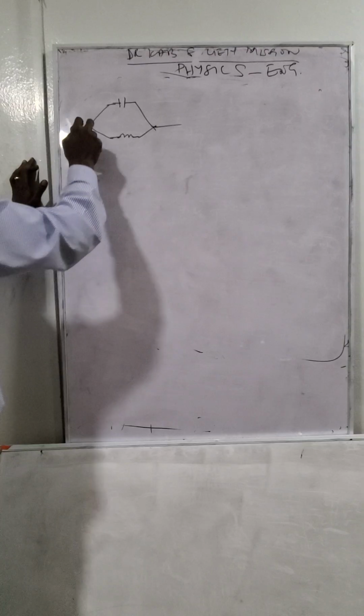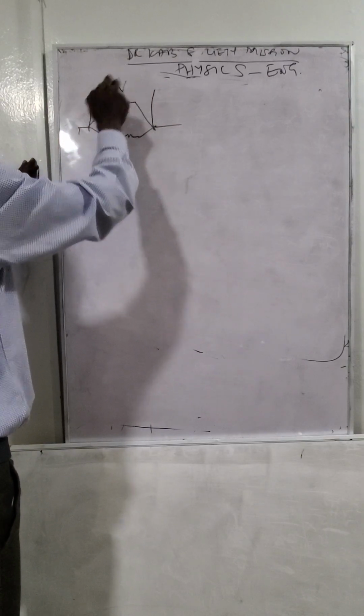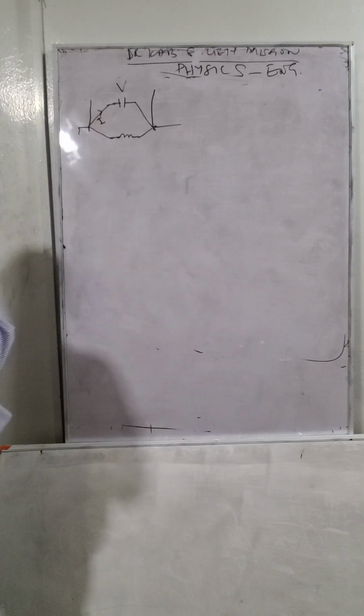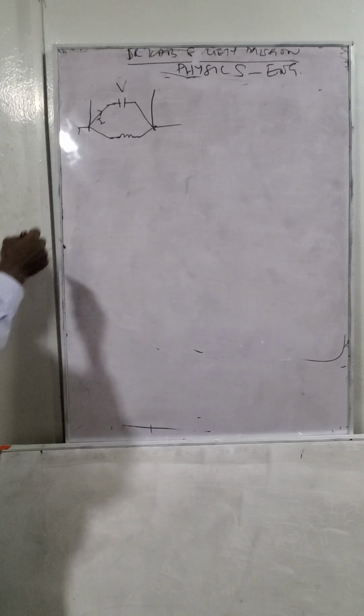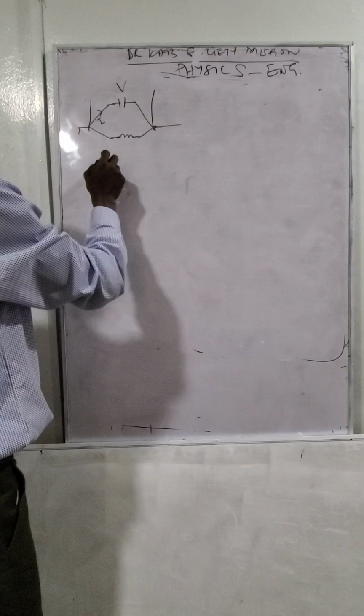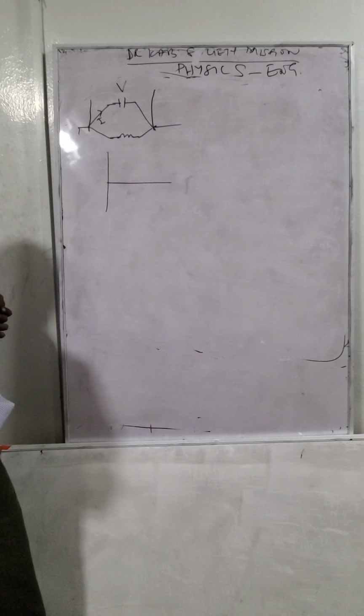So in a parallel connection, all you need to know is that the voltage is the same and the current is varying. So you need to draw your chart, the phasor diagram.